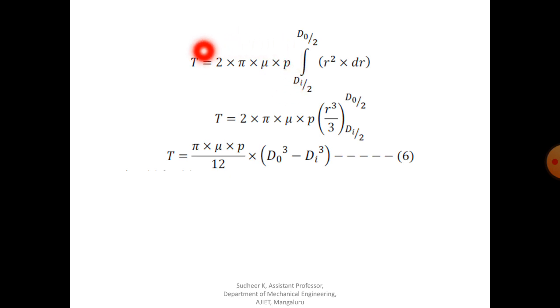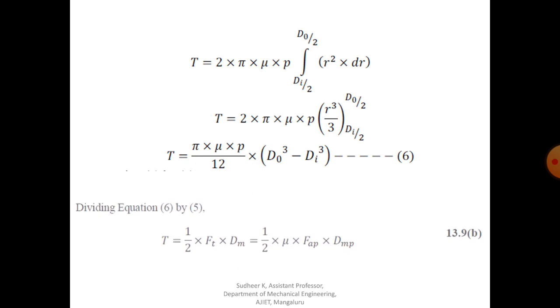You take it outside and integrate the variable r, here r square dr. The integration of r square is r cube by 3. Now applying the limits, you finally get expression 6, that is T equal to pi mu P divided by 12 into do cube minus di cube.